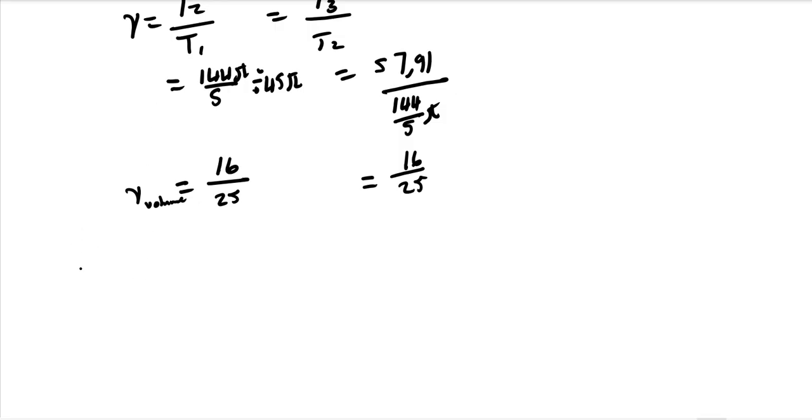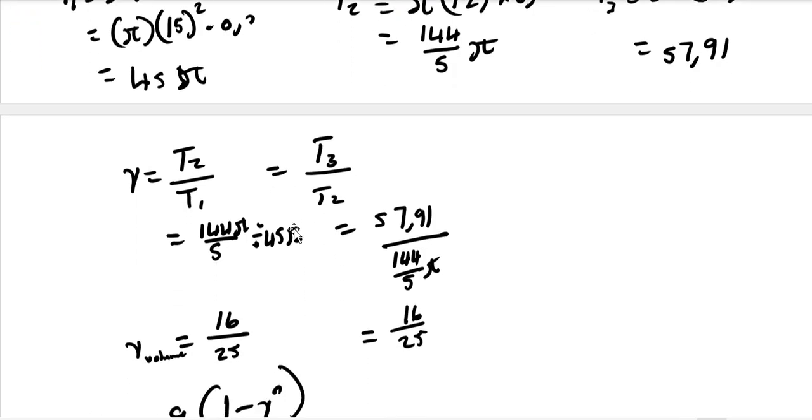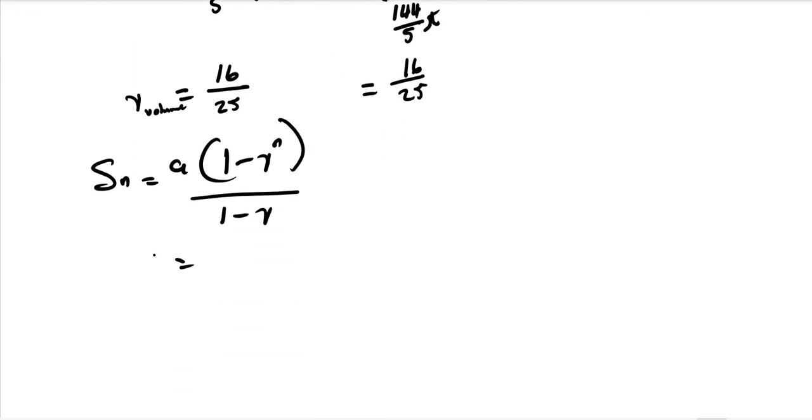Do you get me? So let's say Sn is equal to a times 1 minus r to the power n, all over 1 minus r. Our first term on this volume is 45 pi. We're going to come here and write 45 pi. And then say 1 minus, what's our r? Our r is 16 all over 25.